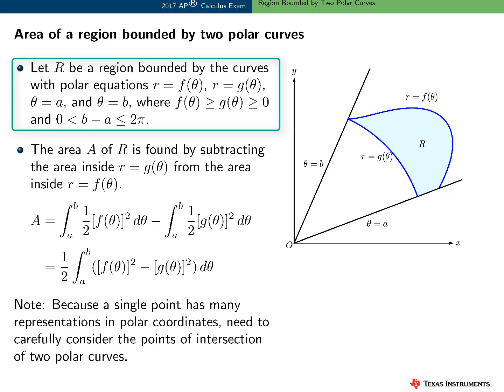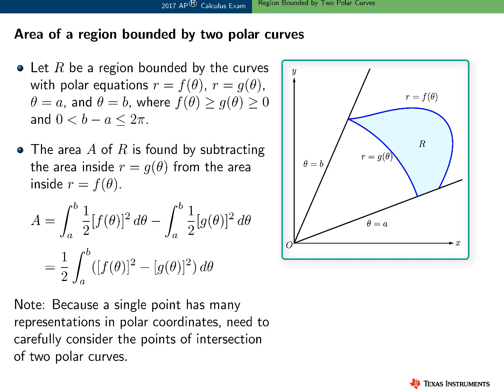Suppose we want to find the area of a region bounded by two polar curves. Let R be a region bounded by the graphs of the polar equations r equals f of theta, r equals g of theta, theta equals a, and theta equals b, such that f of theta is greater than or equal to g of theta is greater than or equal to 0, and b minus a is between 0 and 2 pi.